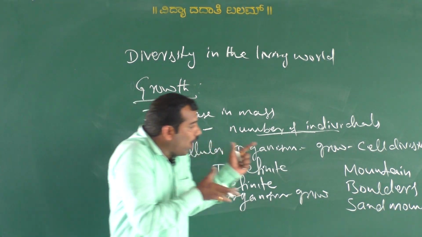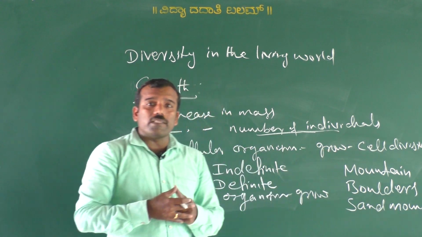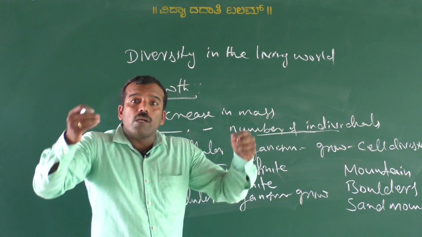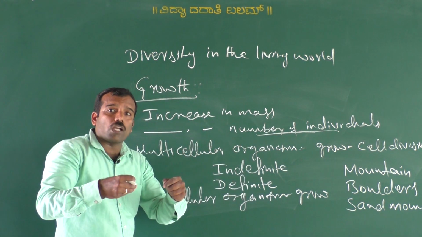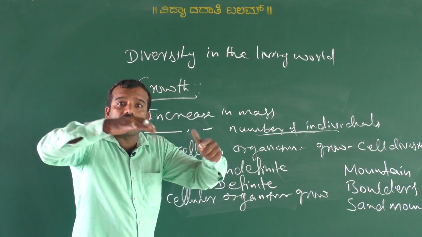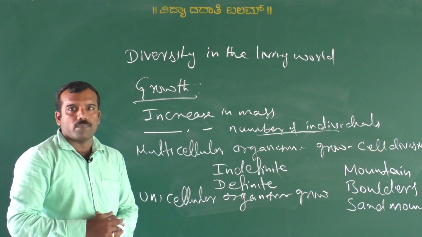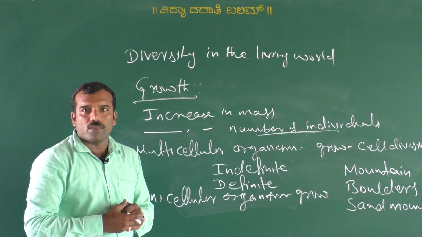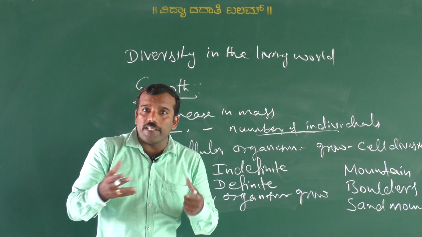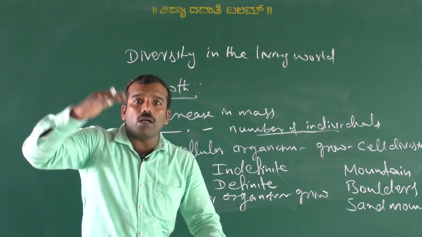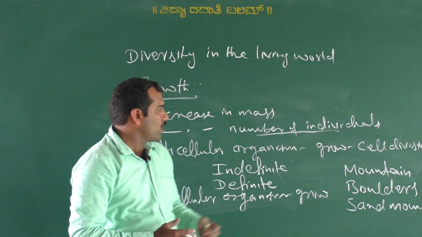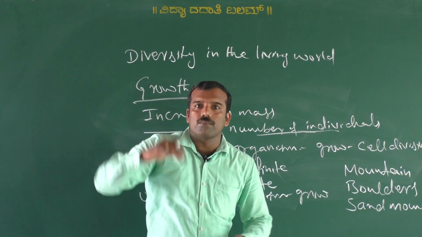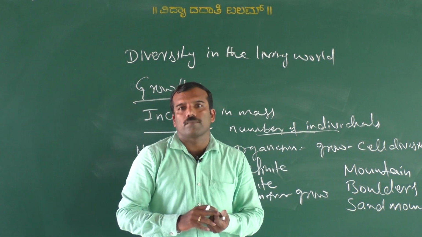This is in non-living things. Growth there is due to accumulation of material on the external surface. But that is also a growth, an increase in size and mass. The size of the rock increases, the mountain height increases. That also we consider as growth.